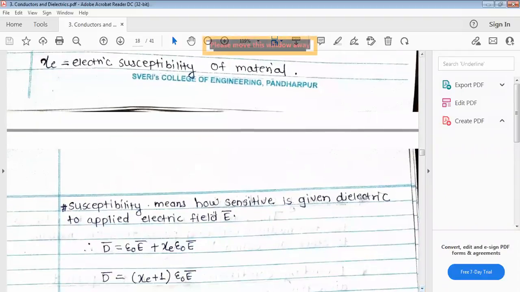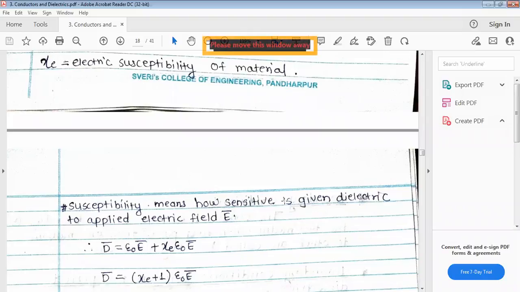Susceptibility means how sensitive the given dielectric is to the applied electric field E bar. The material which we are using, how sensitive it is, it is showing the sensitivity of that dielectric material to the applied electric field E bar.